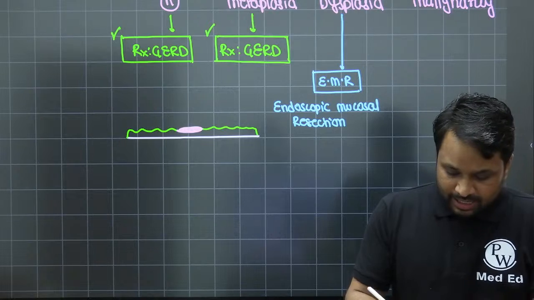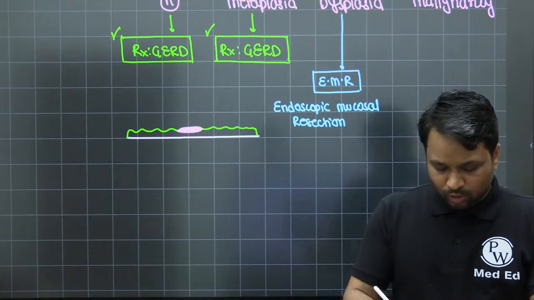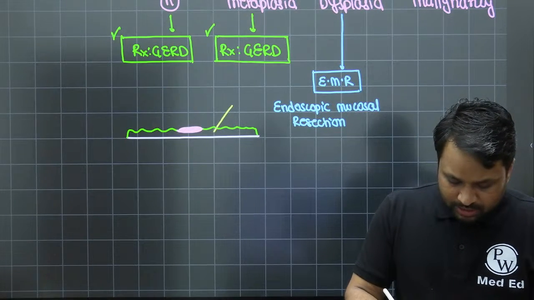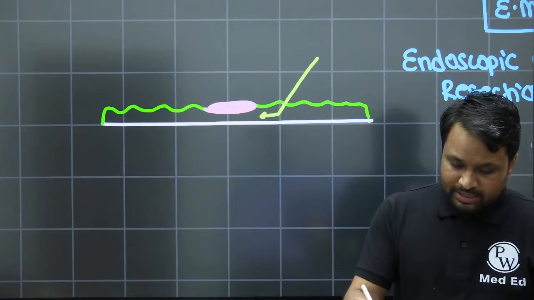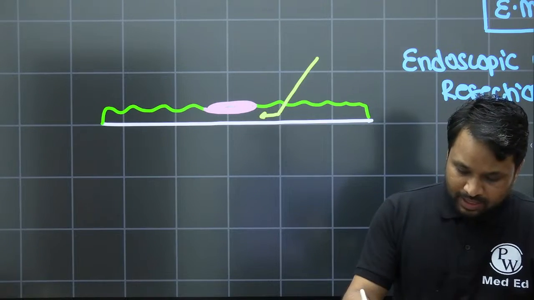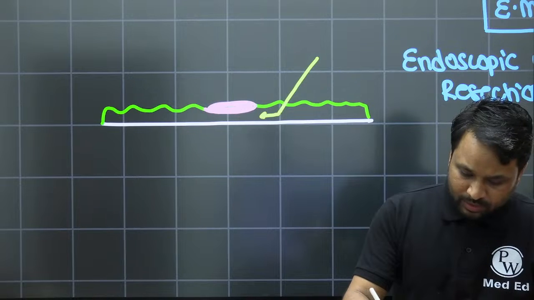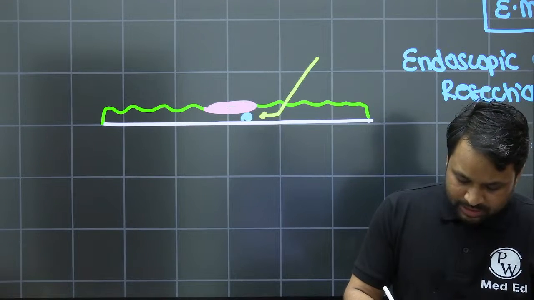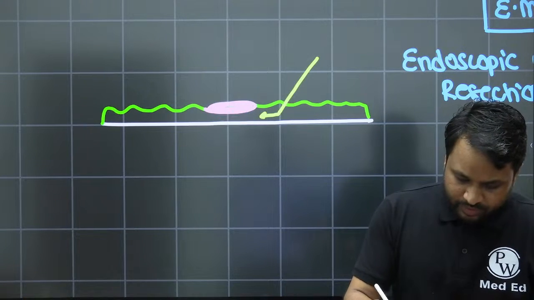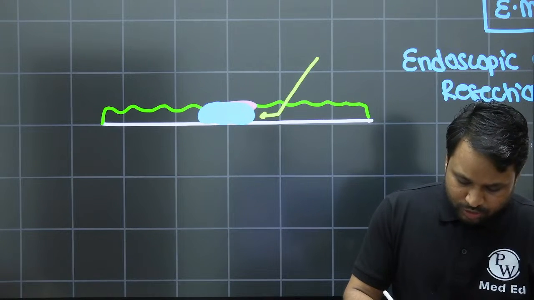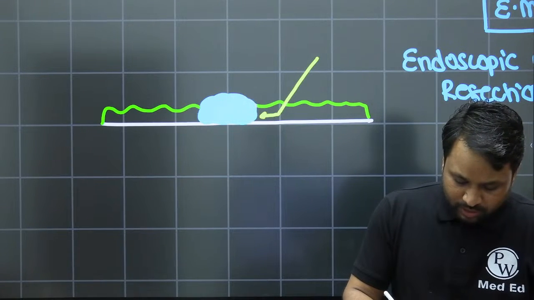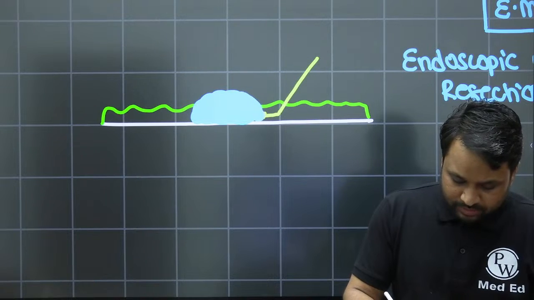I will take the endoscope, go under the mucosal surface, under this area, and I will normally inject normal saline. Now, as I inject the normal saline, what is going to happen? You will see the normal saline is going to go in this area. As it goes in, this area is going to bulge, because you have put fluid in, it is now going to bulge because of the fluid which is present here.